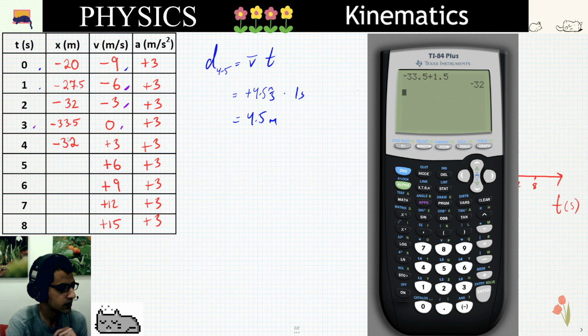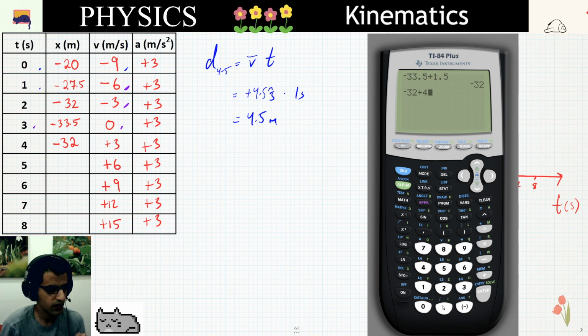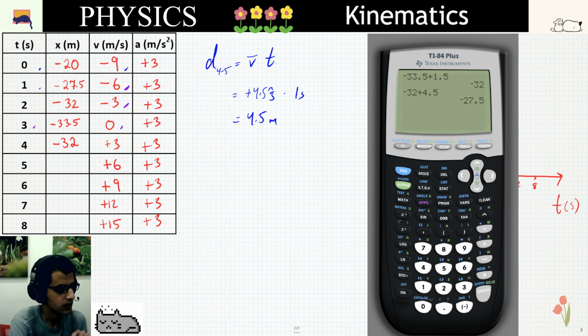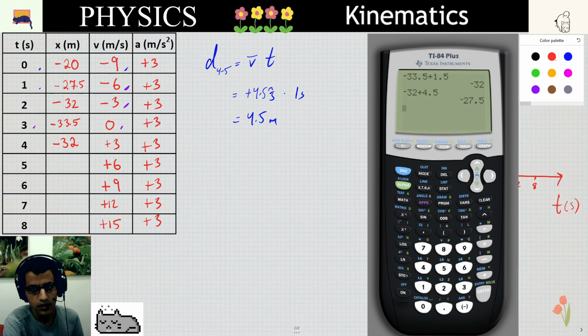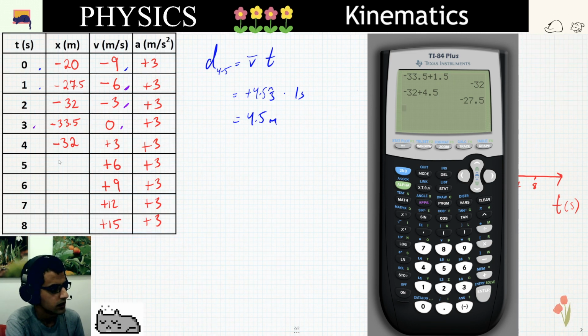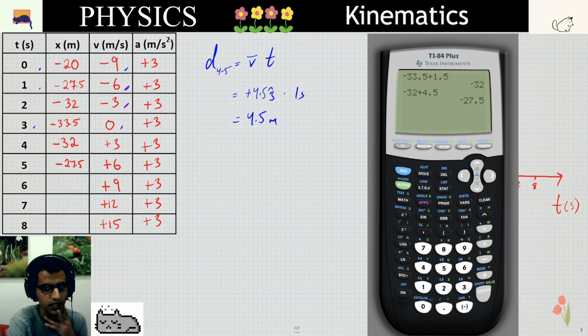So if it starts at negative 32, I can now just do this. Negative 32 plus 4.5 meters. And we are now at negative 27.5.